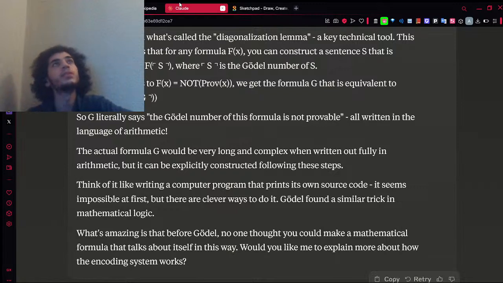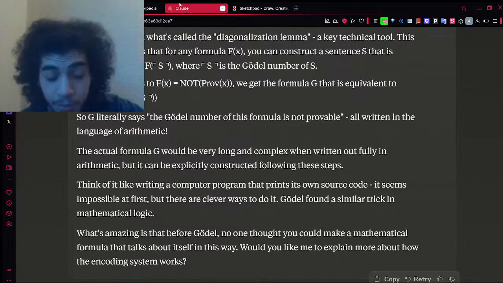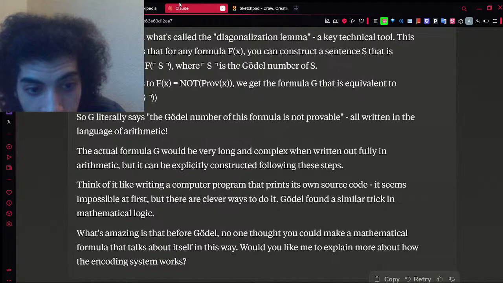Interesting. It's kind of like programming. I have to look into it, I have to study this more. Would you like me to explain more about how the encoding system works?